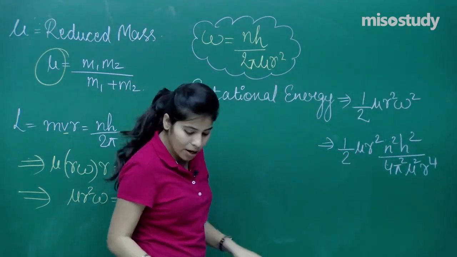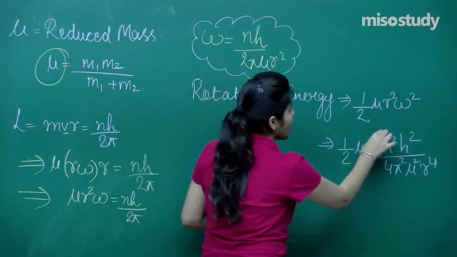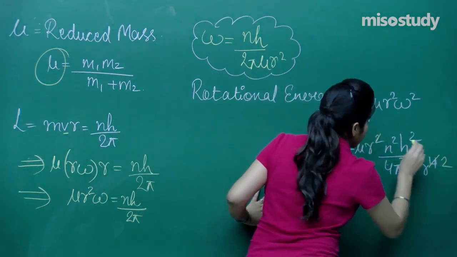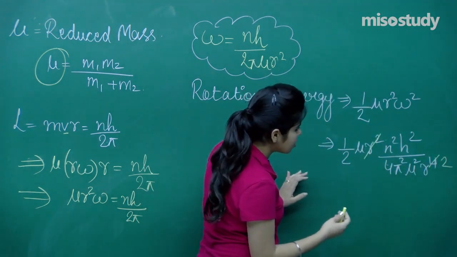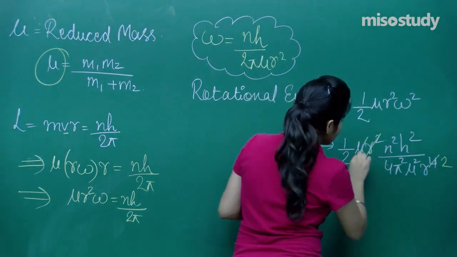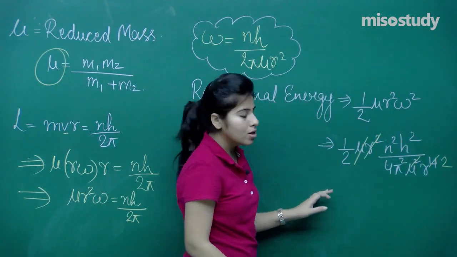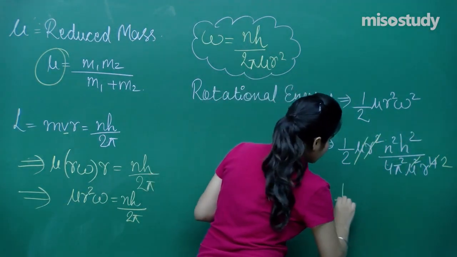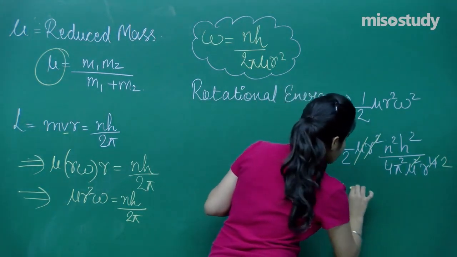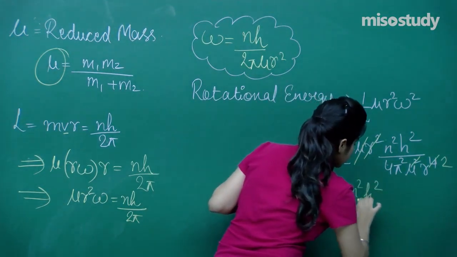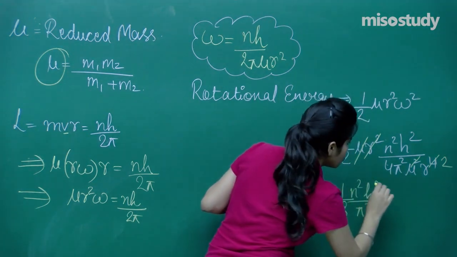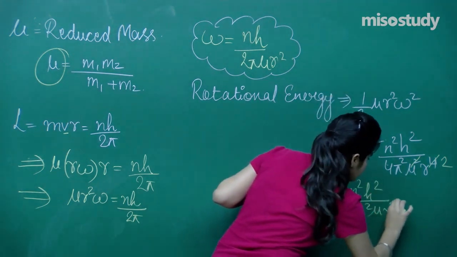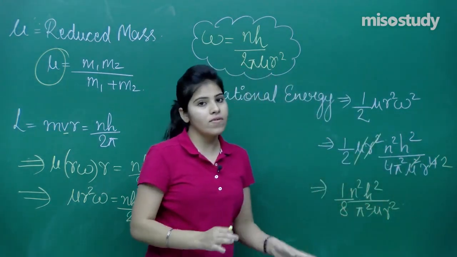From here I can see that r square gets cancelled 2 times, and this mu and mu is getting cancelled. So we are left with 1 by 8 n square h square divided by pi square into mu r square.